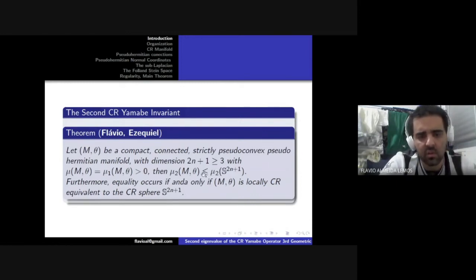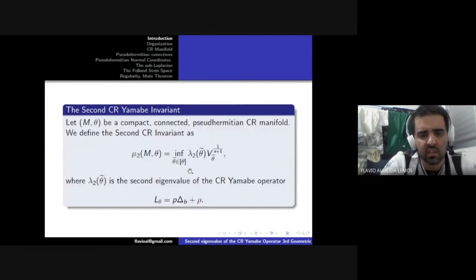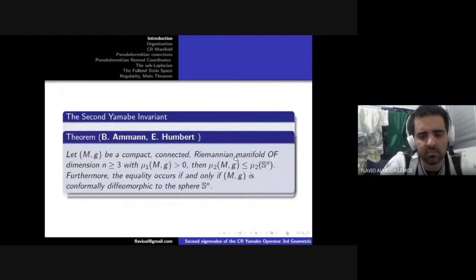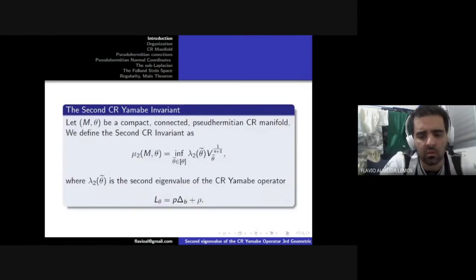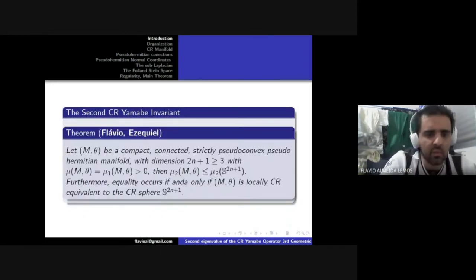Then we have this inequality, like Ammann and Humbert. Furthermore, equality occurs if this manifold is locally CR equivalent to the CR sphere.